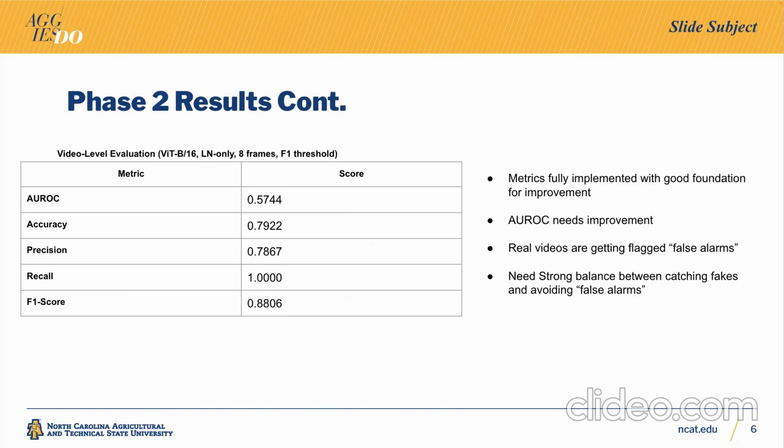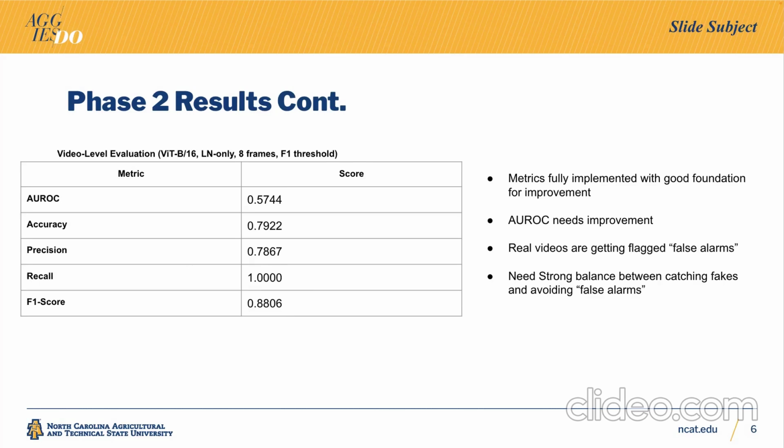Pretty low area under the curve score, but for the most part, the other evaluation metrics we thought were pretty positive. So we left phase two feeling pretty good about the implementation, that we had a good foundation. Obviously, the area under the curve needs improvement.